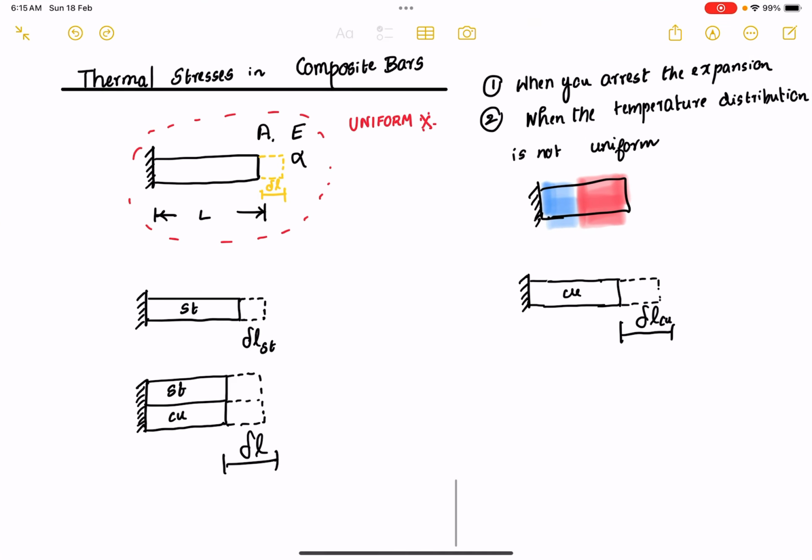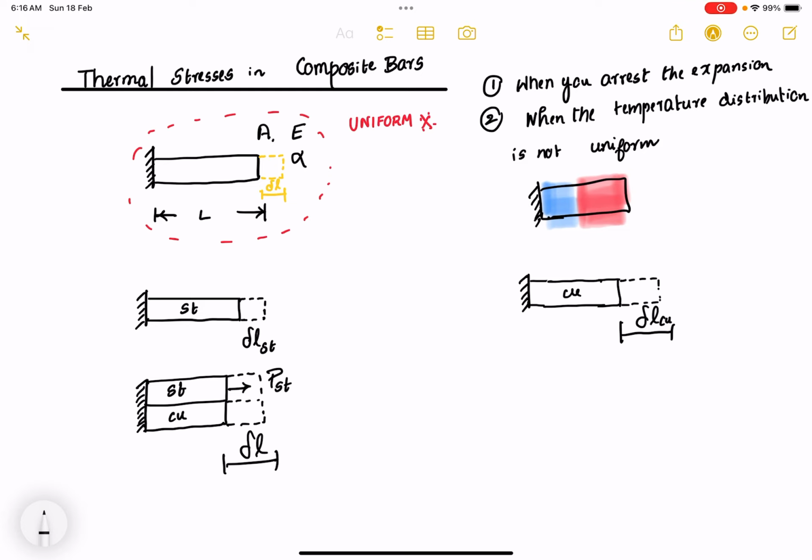Okay, so steel's expansion is greater compared to the individual expansion of steel. So that happens because copper exerts a tensile load on steel. So we can say there is a mechanical tensile load on steel by copper. And what about copper? Copper is not going to expand that much compared to the individual expansion.